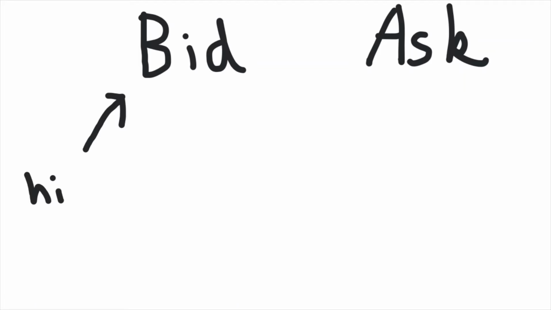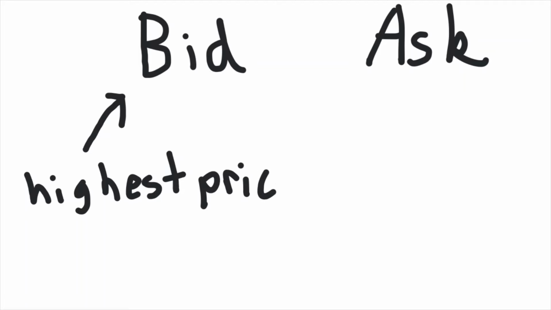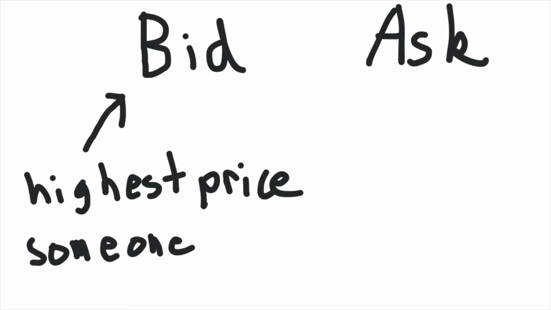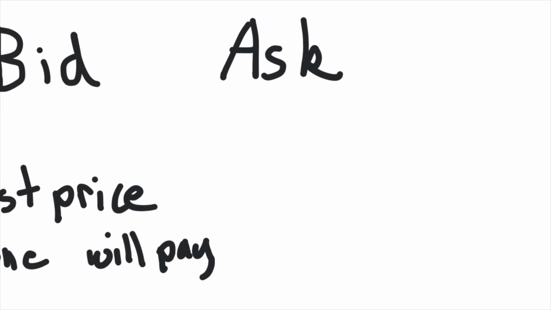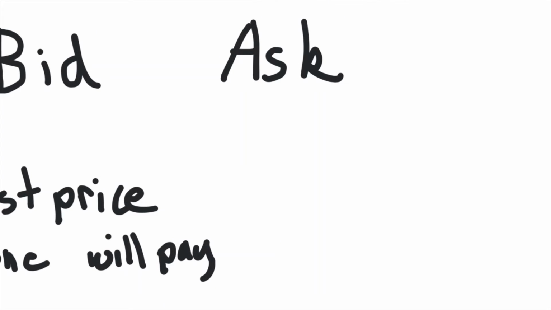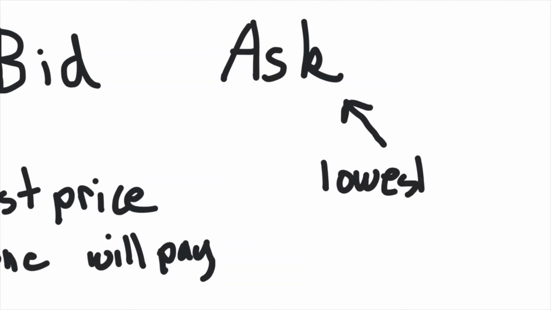And so just to recap that, the bid, that's the highest price someone's willing to pay to buy shares. And the ask, that is the lowest price someone right now is willing to accept for their shares. So the lowest price someone's willing to sell their shares for. And so just to cover that one more time, bid, buy, ask, sell.